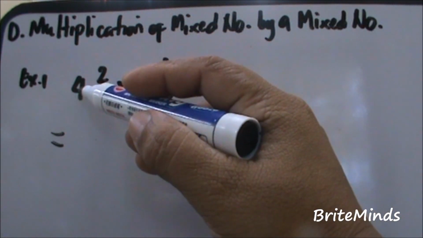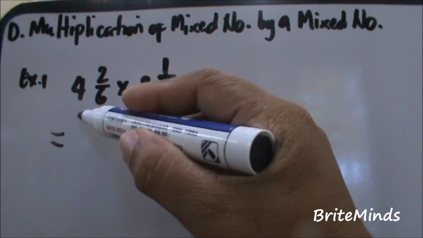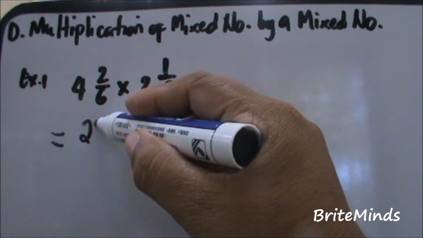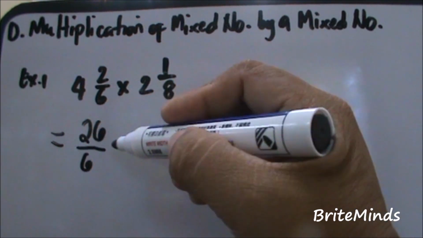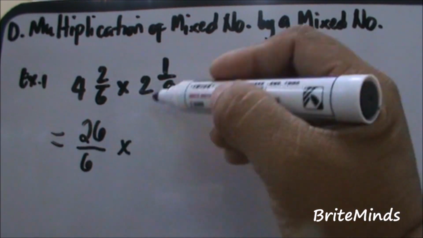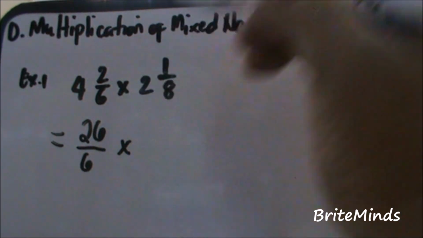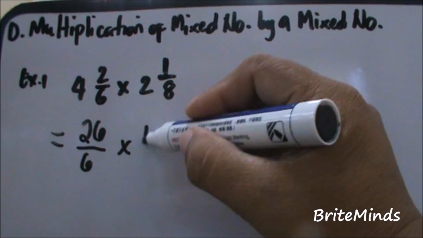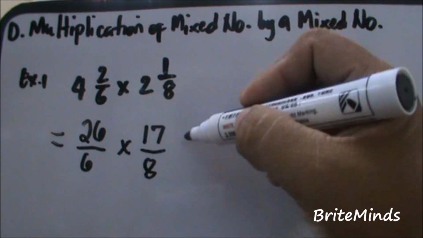So 4 times 6 is 24, plus 2 is 26. So 26, then retain the denominator. Then 8 times 2 is 16, plus 1 is 17. Then retain the denominator 8.